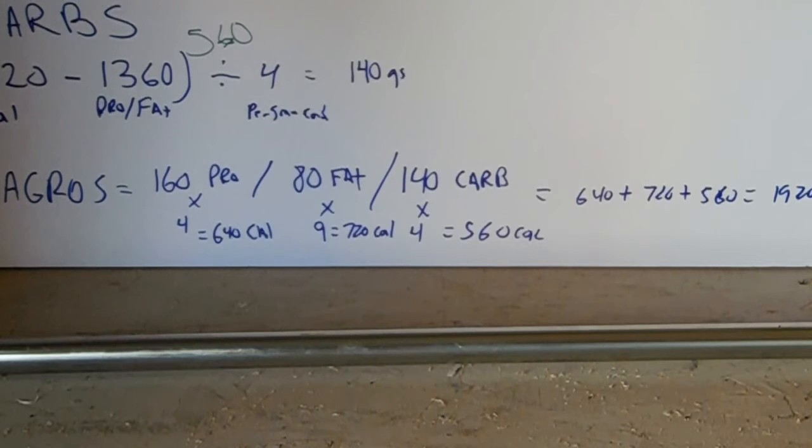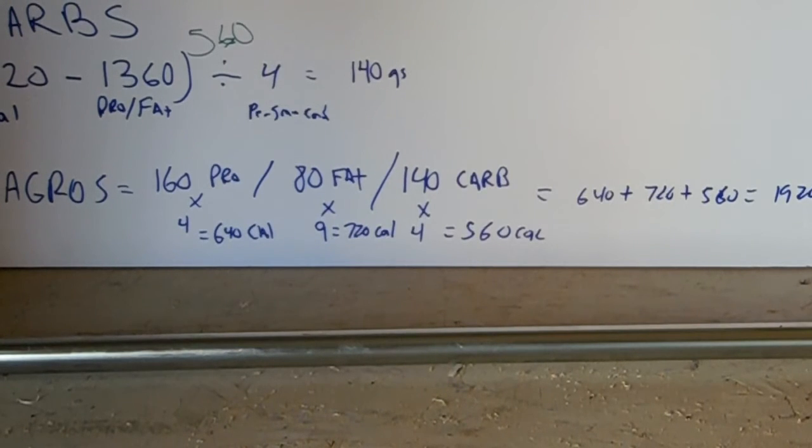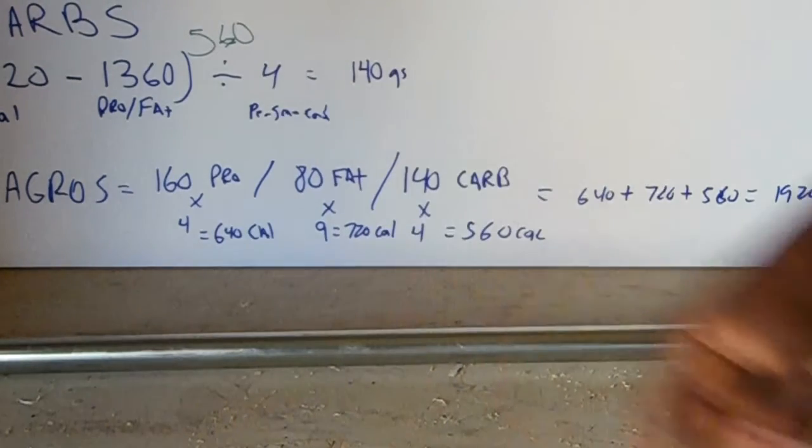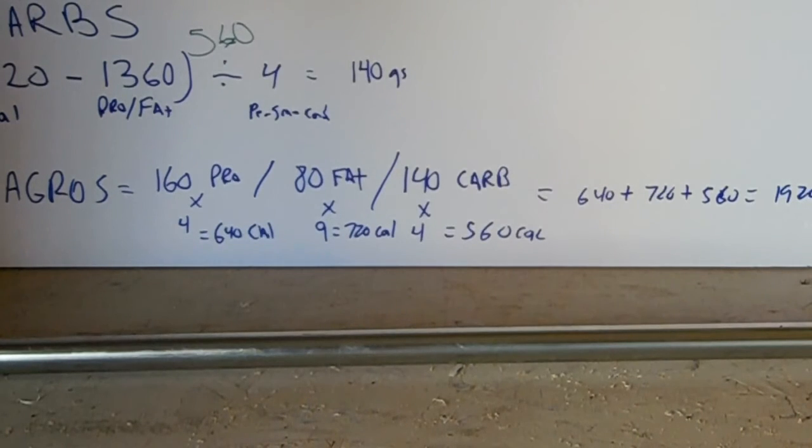You get 160 grams of protein per day. 1 calorie is 4 grams of protein, right? So 160 grams times 4 is 640 calories. You get 80 grams of fat per day. 1 calorie is 9 grams of fat. So you multiply your allowable fat, which is 80 grams per day, times 9, and you get 720 calories. 4 grams of carb is 1 calorie, the same as protein.